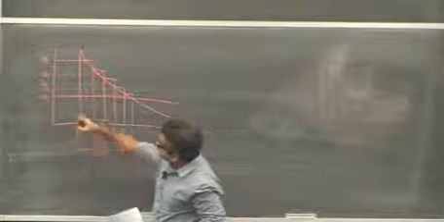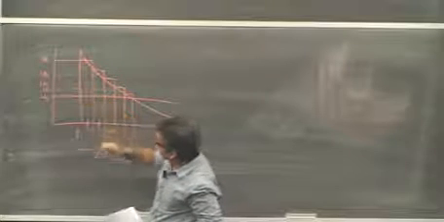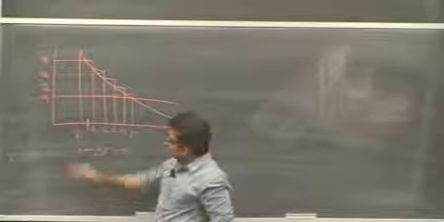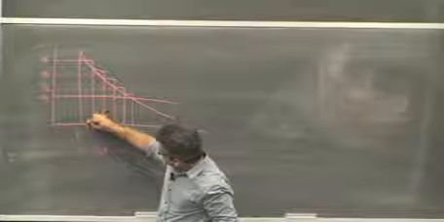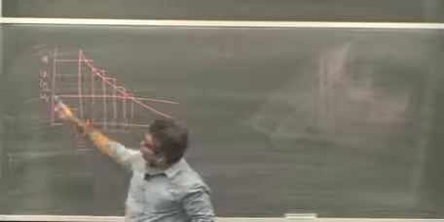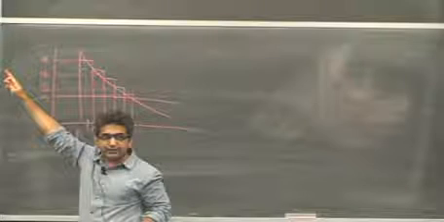Now the potential at R naught is this one, but I'm representing it with a rectangular barrier. So the height of the barrier would be the potential energy at this point. Find this point, plug it in the formula, and you will get the height of the barrier.